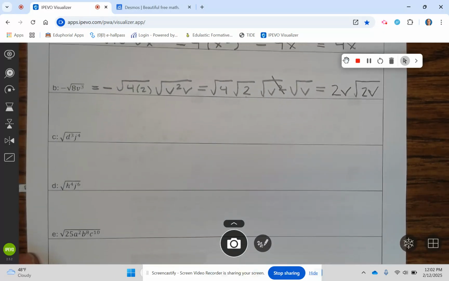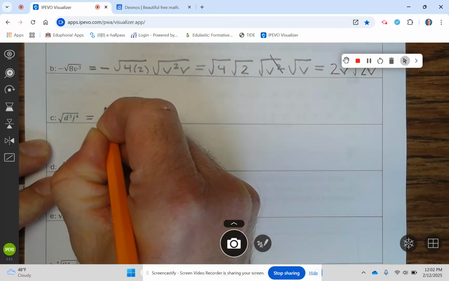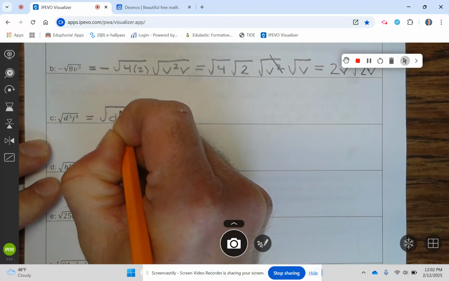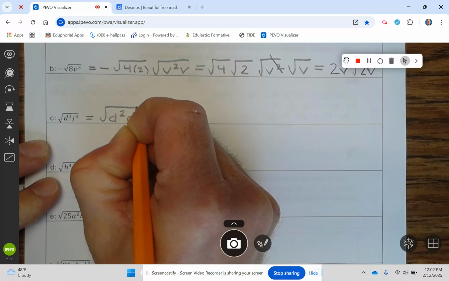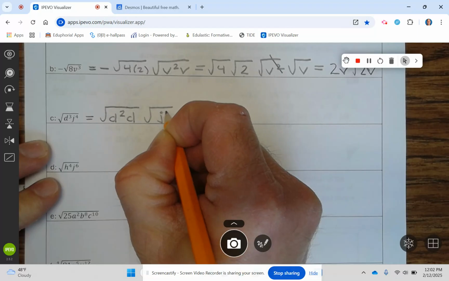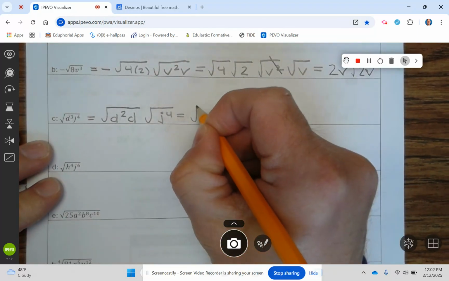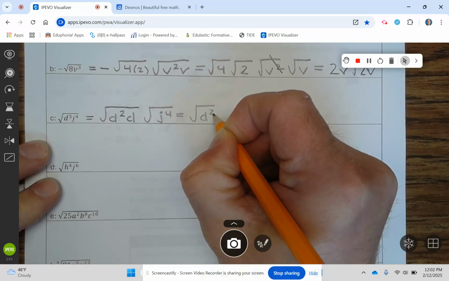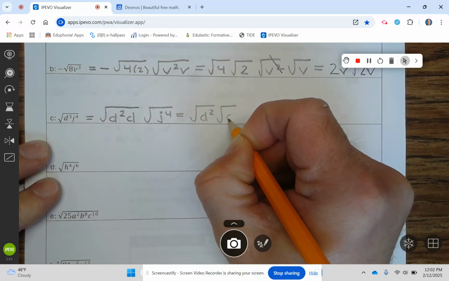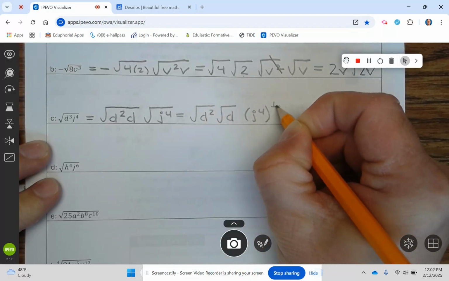All right, let's take a look at C. So that becomes the square root of d squared d times the square root of j to the 4th, which equals the square root of d squared times the square root of d times j to the 4th to the 1/2.